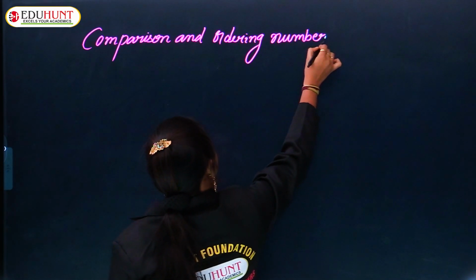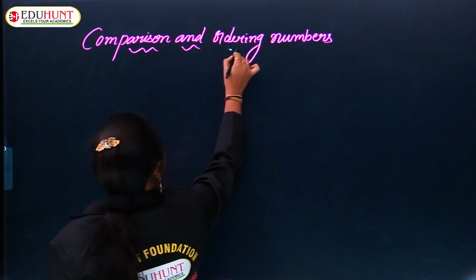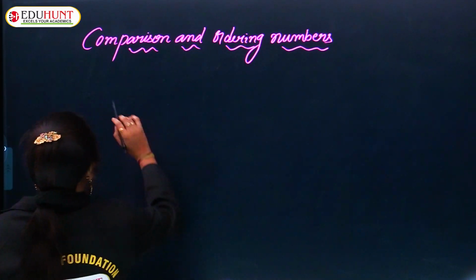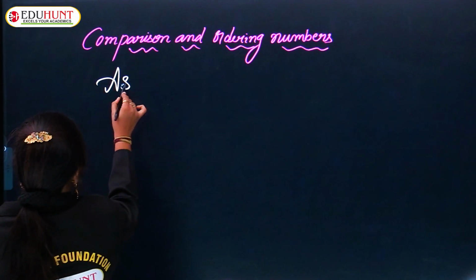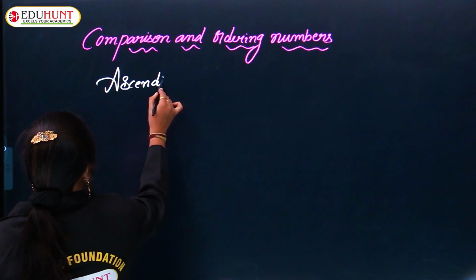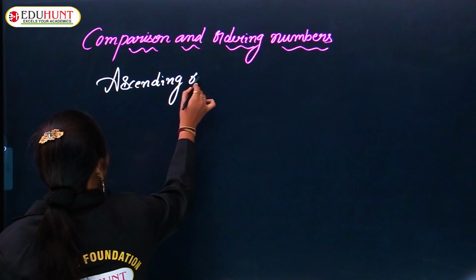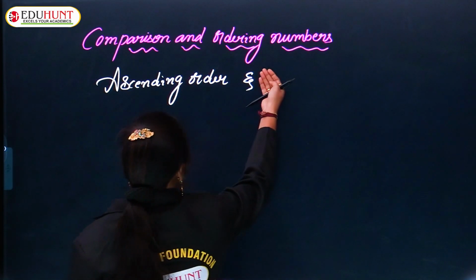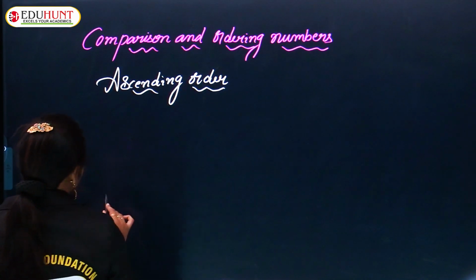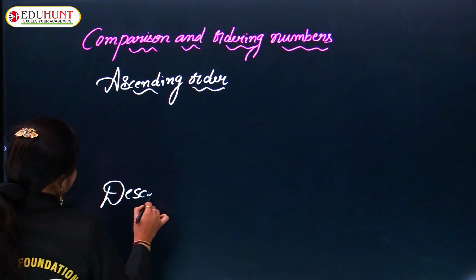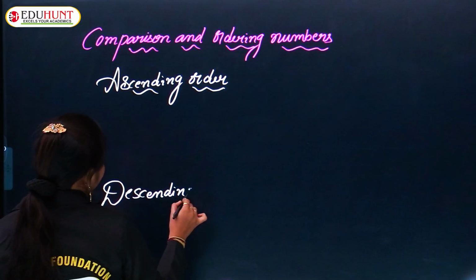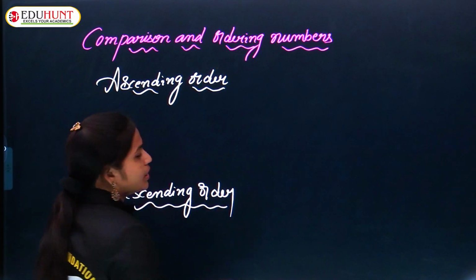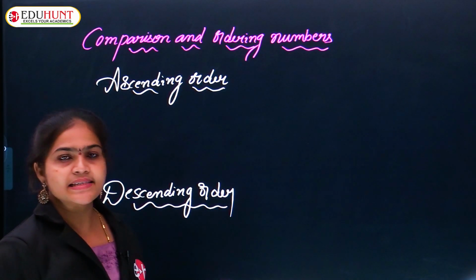Here we have ascending order and descending order. Here I will write it: ascending order, descending order.